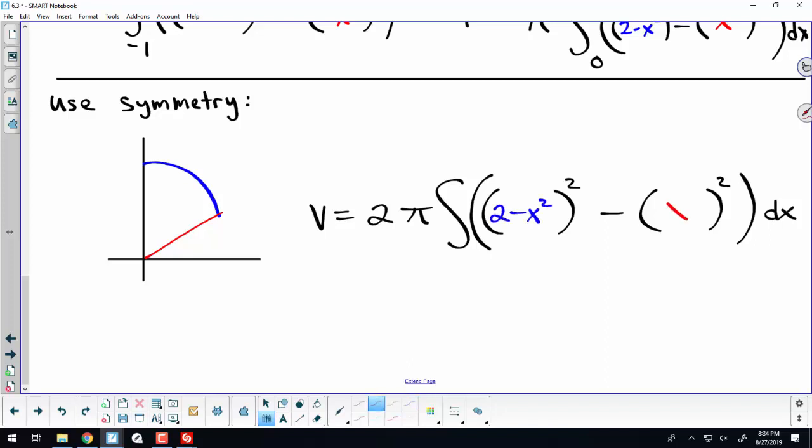We're working with the positive x in the first quadrant. So there we go. The bounds for this particular piece are from 0, as we found, to 1. So then you don't even really have to think about working with the two different pieces of absolute value of x if you do that.